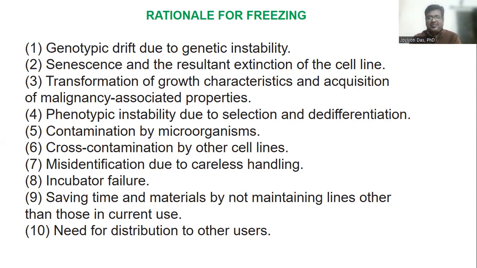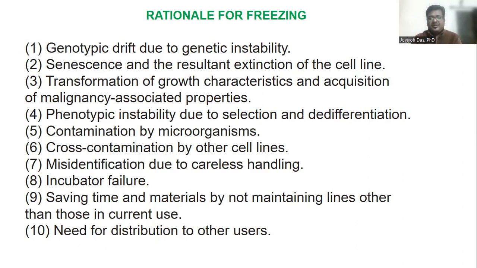And the most common factor that can occur across all labs that are routinely culturing cells is contamination by microorganisms. So you procured a cell line or a group of primary cells, maybe from some laboratory, and you have started working with it, but you forgot to preserve a copy of the same, and suddenly your cells get contaminated.